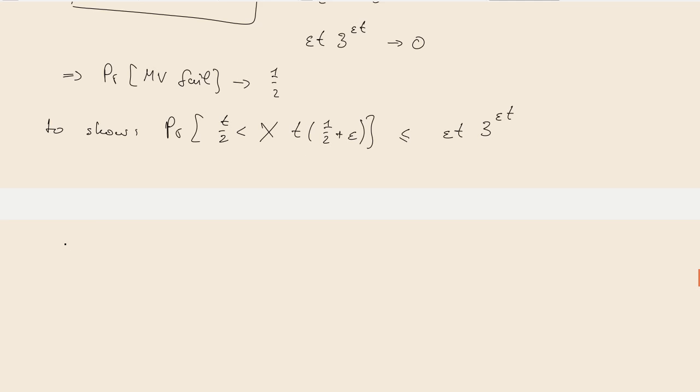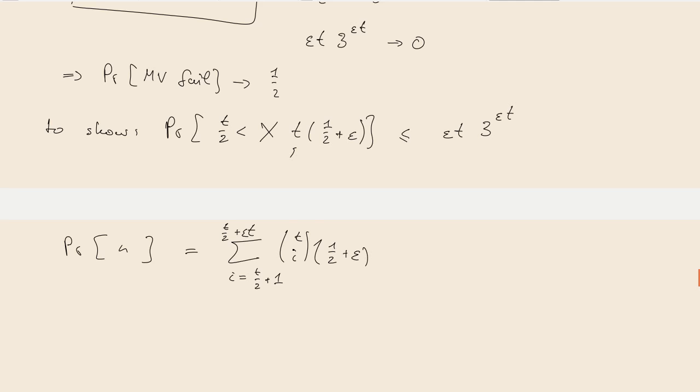Now this probability, okay, let me just be lazy, I don't copy it again. Just by the definition, we sum over all values that this can take. t1/2 plus epsilon t. And then the probability for the binomial distribution is this.